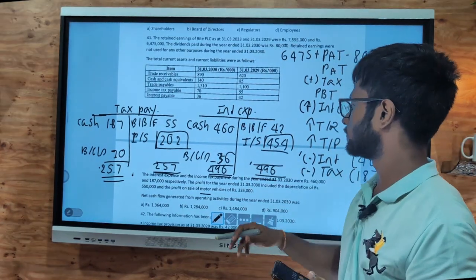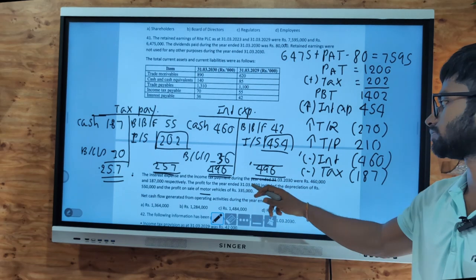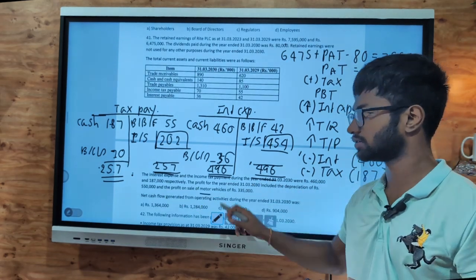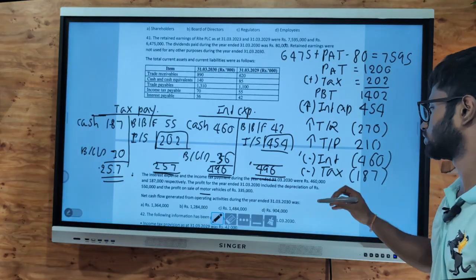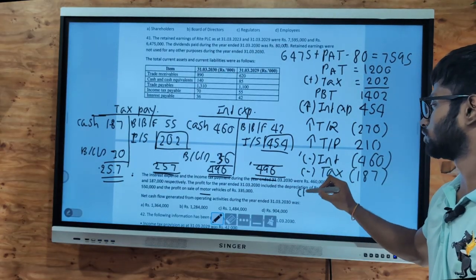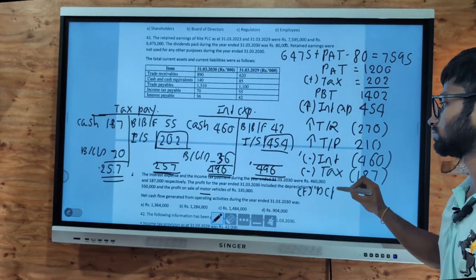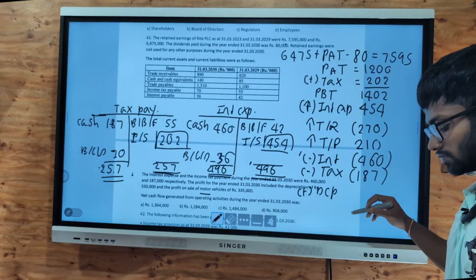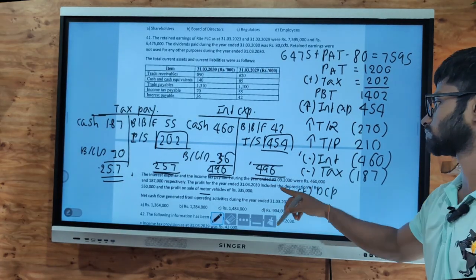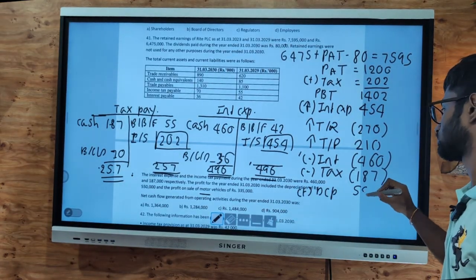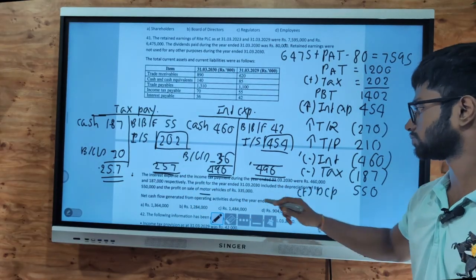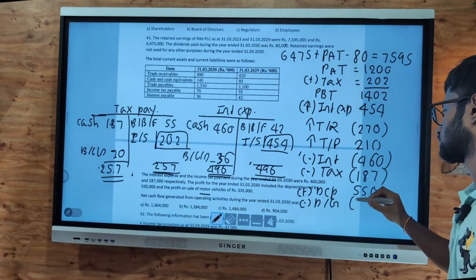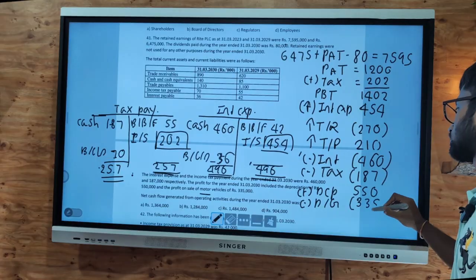Here one more thing that we couldn't record was the depreciation and the profit on sale of motor vehicle. So here we have to add back the depreciation, which is 550, and the disposal gain you deduct, 335.